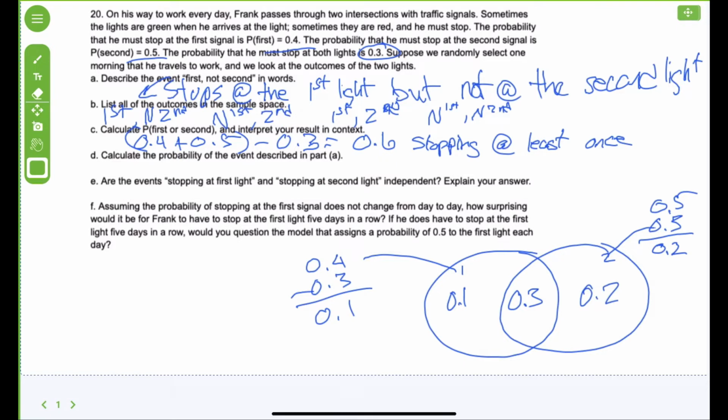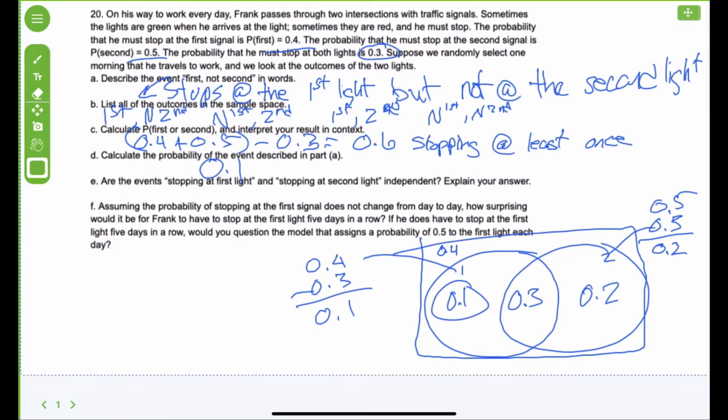Now, this is a total of 0.6, so this would be 0.4, where they get to go straight through. Don't stop at either. Okay, so what did the question ask? Calculate the probability in A. A said stopping at the first and not the second. So that would be right here. So that would be 0.1.